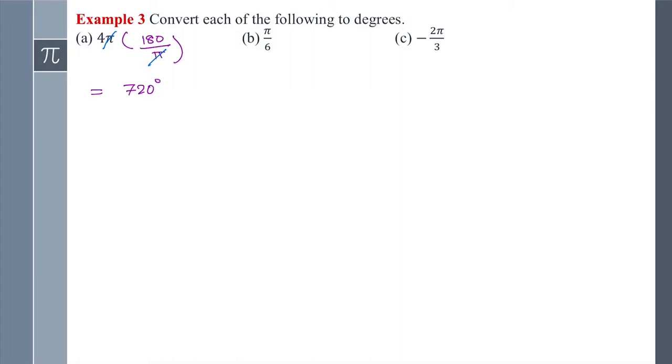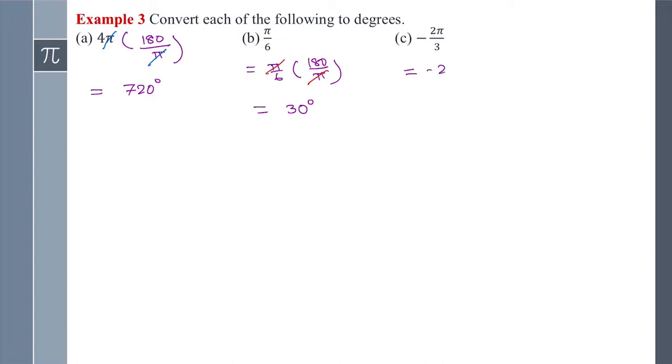Make sure that you write the degrees symbol. Now pi over 6 radians equals pi over 6 times 180 over pi. Pi and pi cancel out, so 180 divided by 6 is 30 degrees.